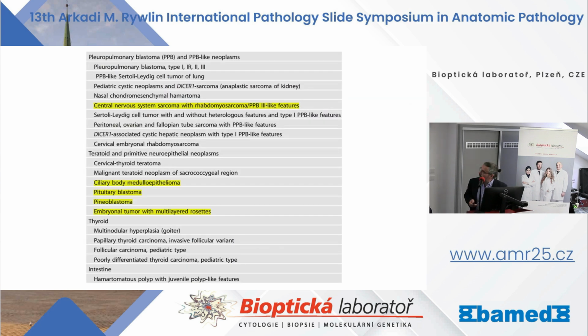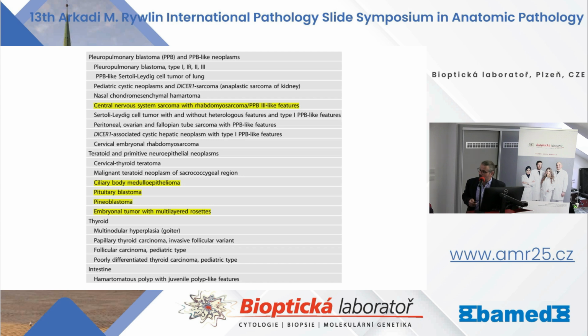And this is the table based on morphology, and regarding neuropathology, the sarcoma, ciliary body medulloepithelioma, pituitary blastomas are associated with the mutations, pineoblastomas, and a small proportion of embryonal tumor with multilayered rosettes.